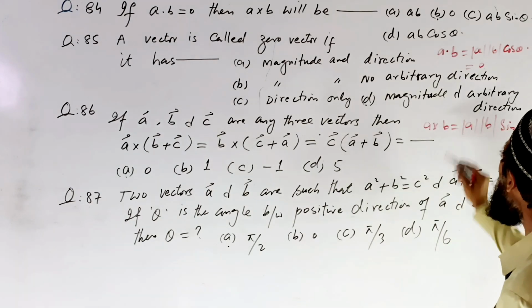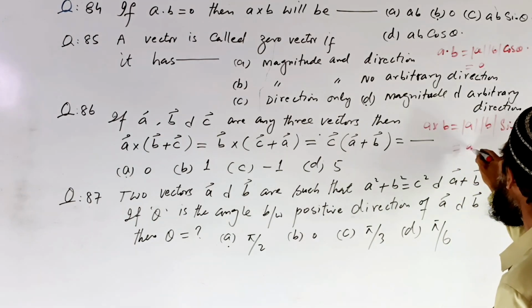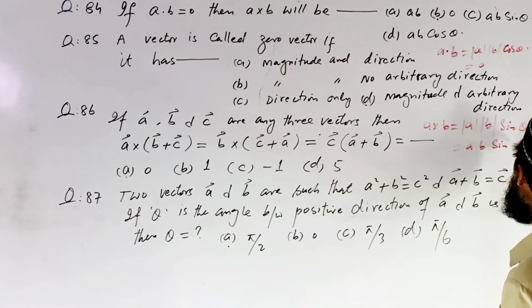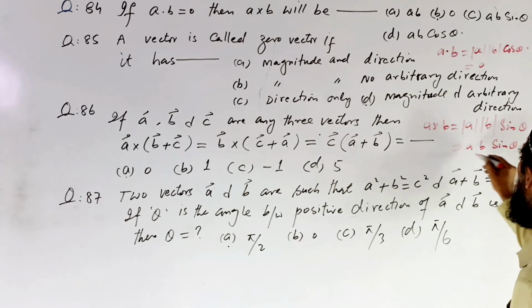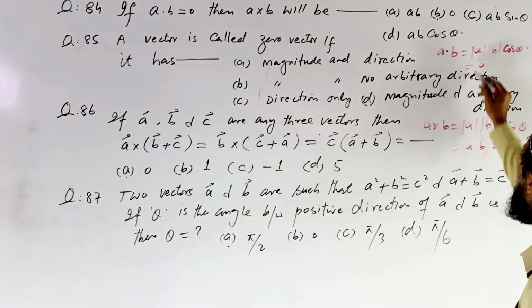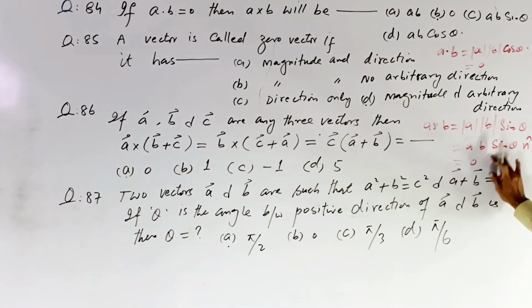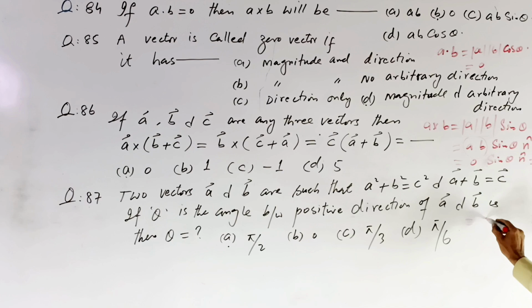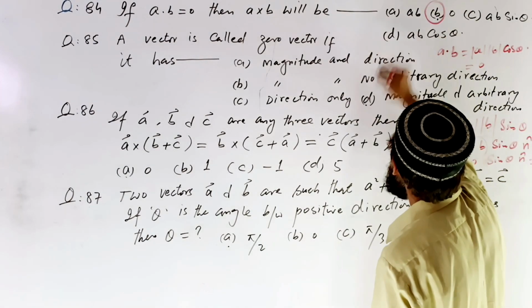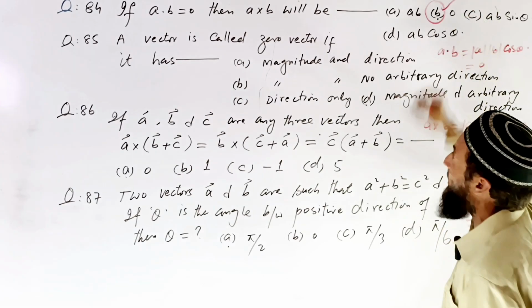Replacing AB with the result A dot B equal to 0, we get sine theta n hat equal to 0, so the result is also 0. The correct option is B.